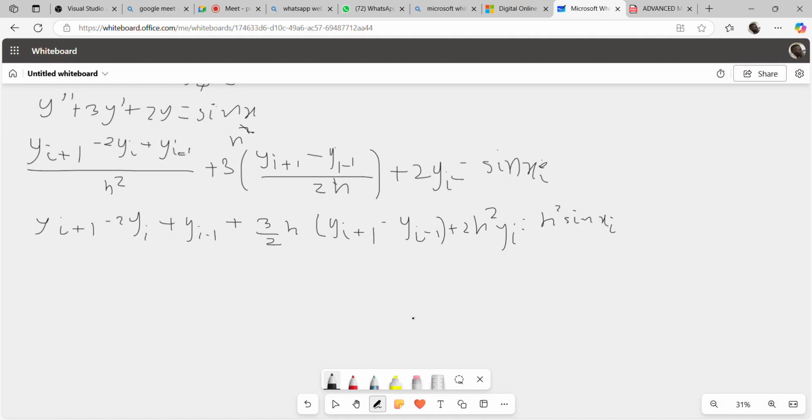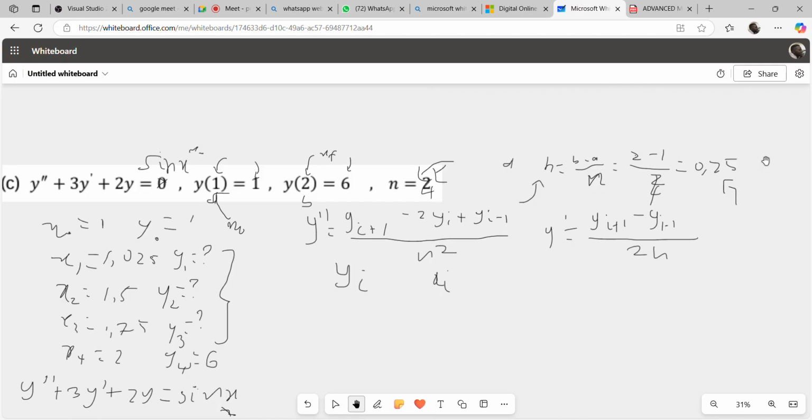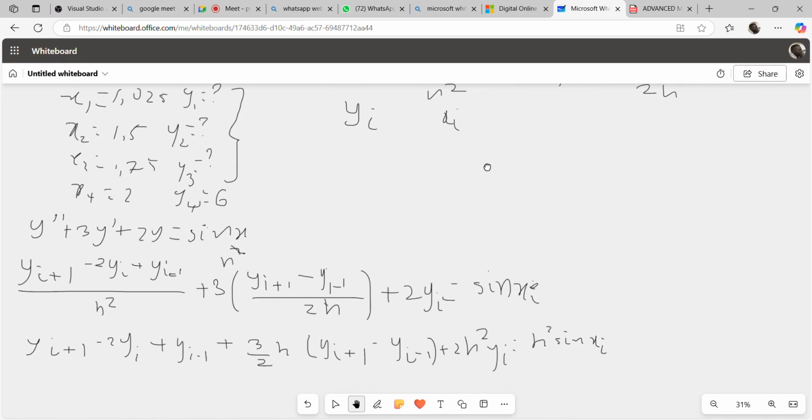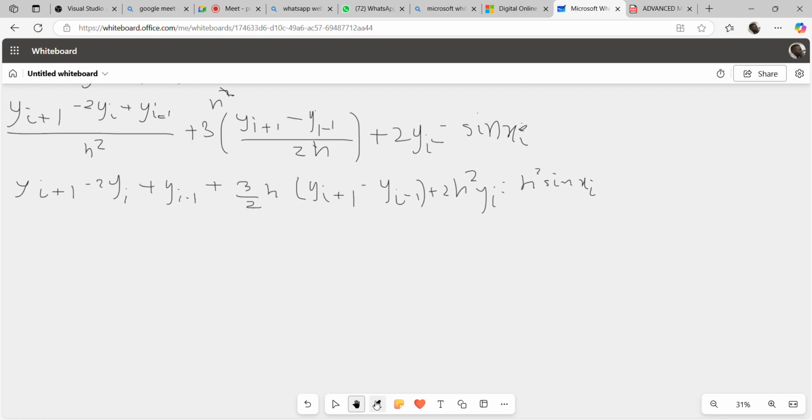Now, we've got a choice. We know the value of h, right? We know that h is 0.25. So to make this expression easier and understandable for us, can you guys please substitute on this side? Remember, h is 0.25.